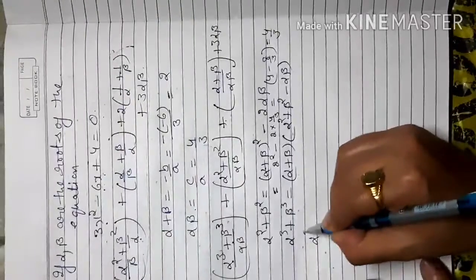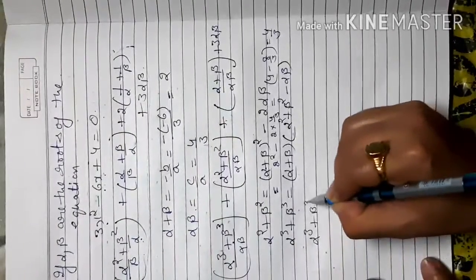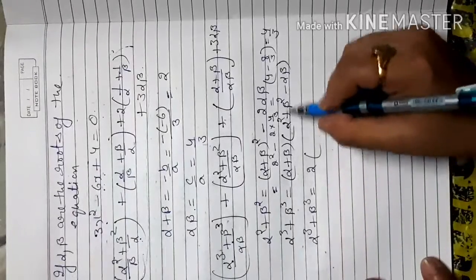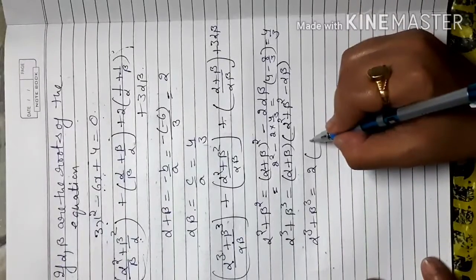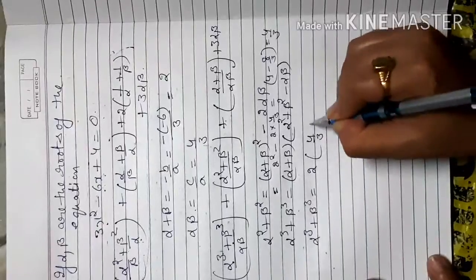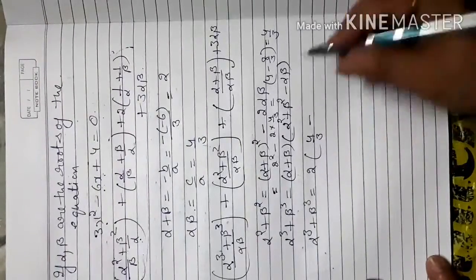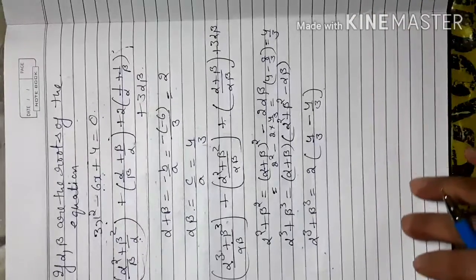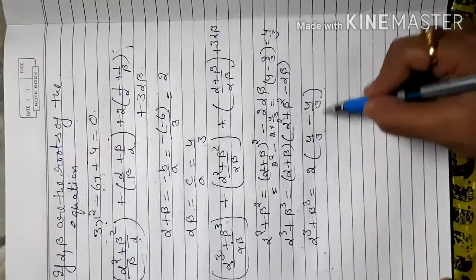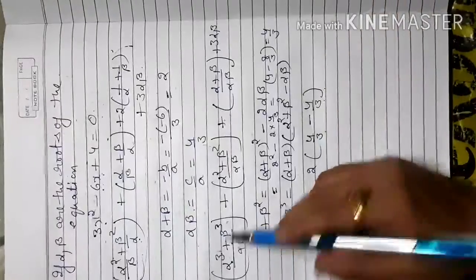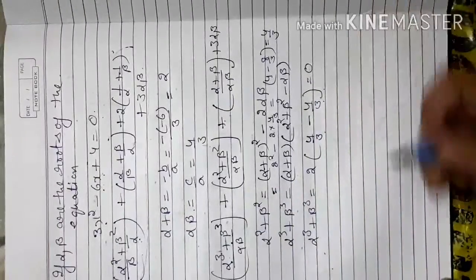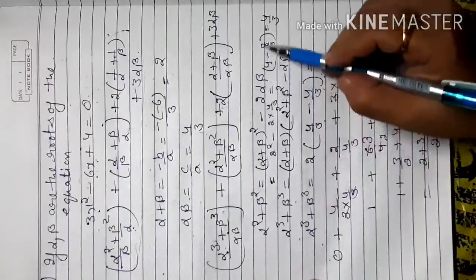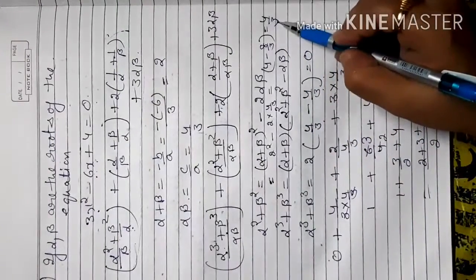So now to find the alpha cube plus beta cube value, alpha plus beta value is 2, alpha square plus beta square value I just found is 4 by 3, and alpha beta is already 4 by 3. Okay, so this will be 0, that means the alpha cube plus beta cube value will be 0. So this becomes 0, so no need to go further. The alpha square plus beta square value is 4 by 3.